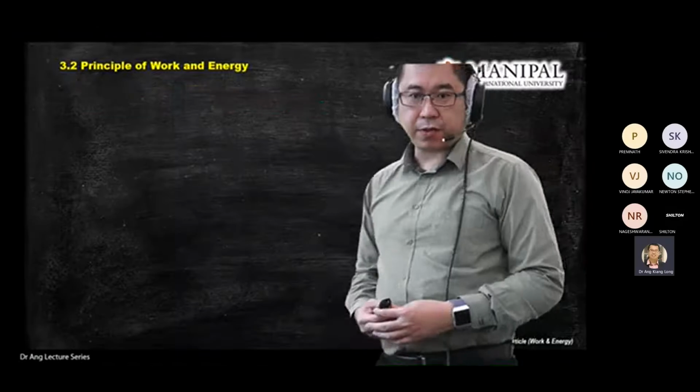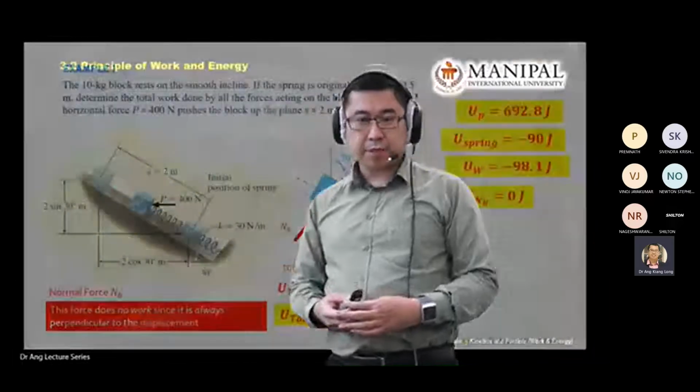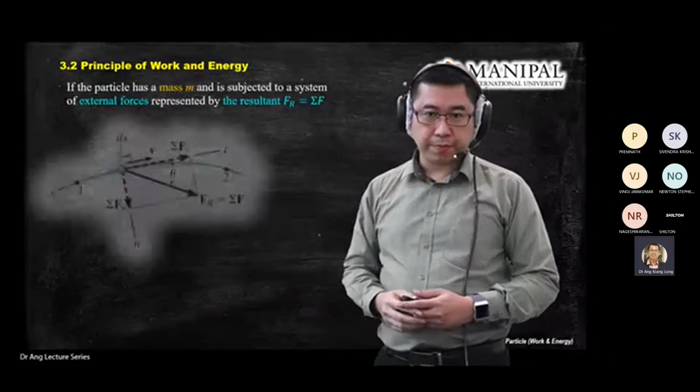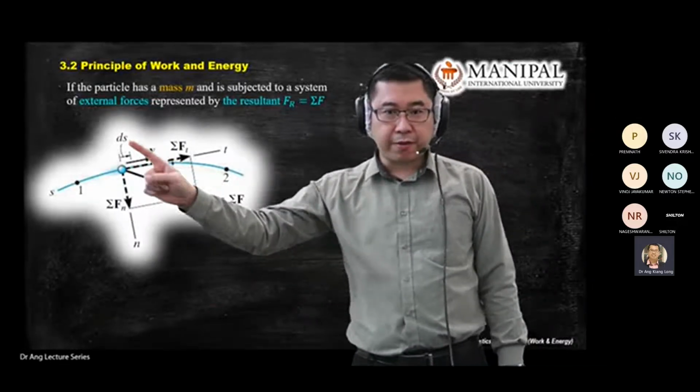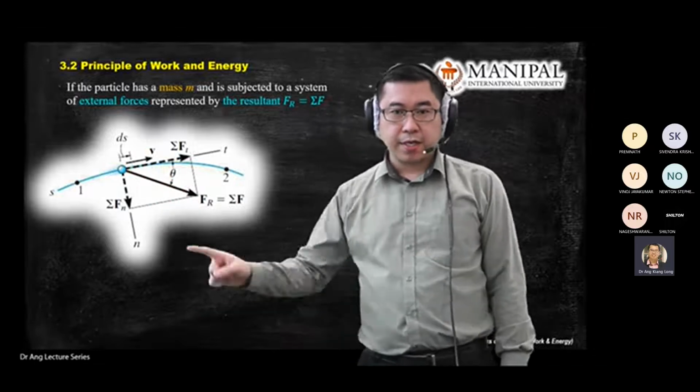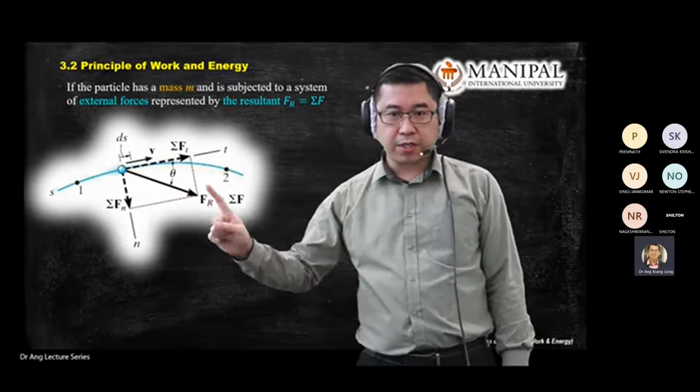Previously, we looked at one example on the spring system. Now we look into principle of work and energy. So let's say you have a mass, a particle with a mass moving in the curvature of curvilinear motion.